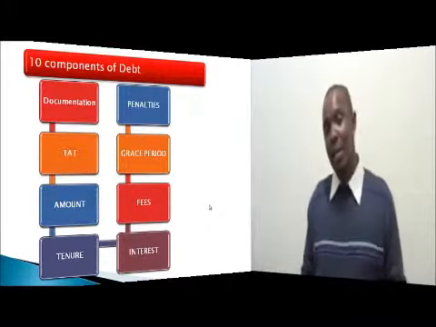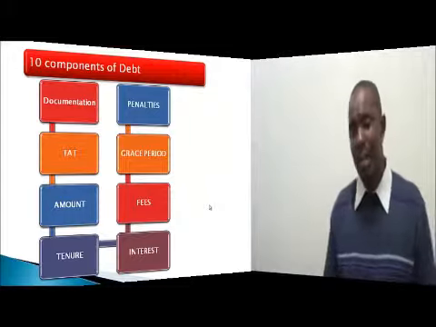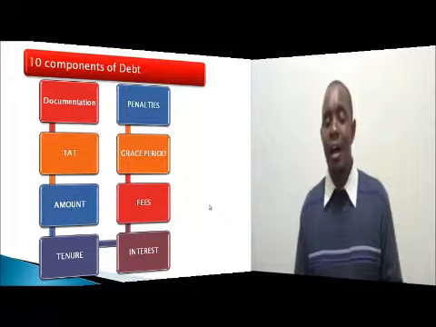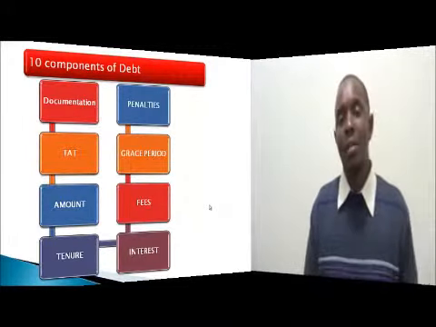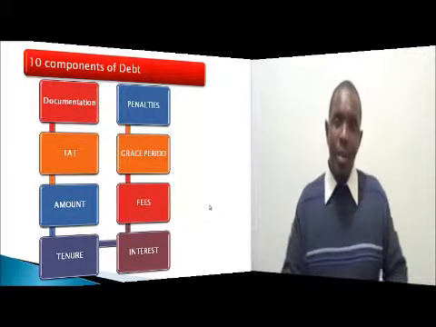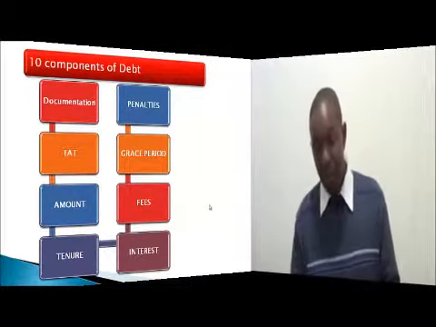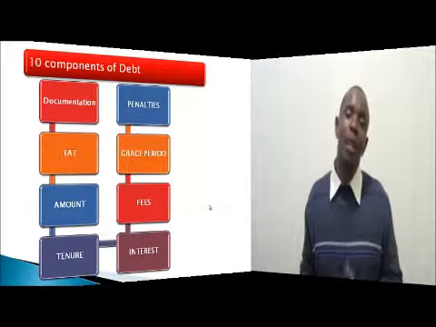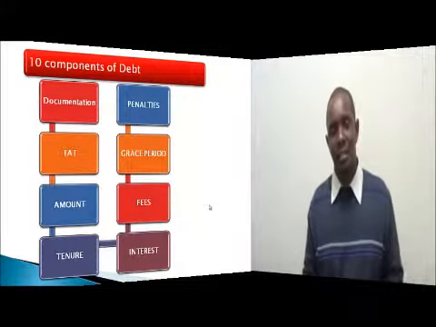And you look at the penalties. You need to be clear on the banks or other institutions that have penalties like early loan repayments. If you had agreed in the initial contract that you've taken a loan for 3 years or 36 months, and maybe you want to pay it upfront after 2 years, what are the penalties?